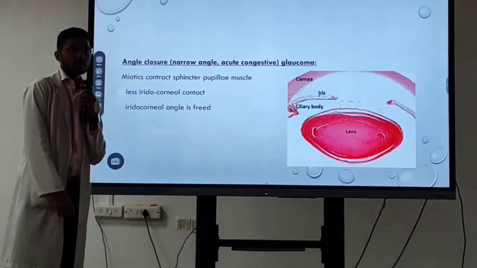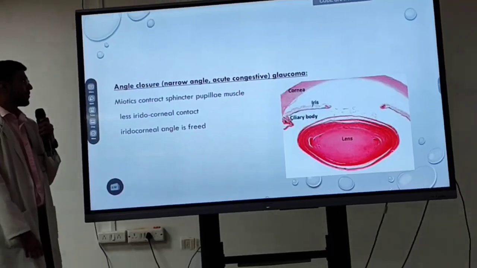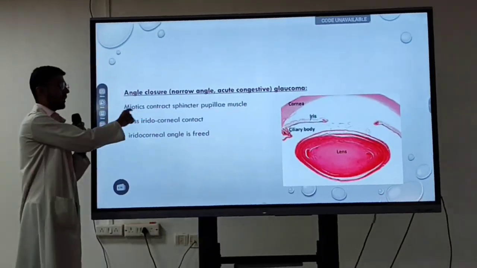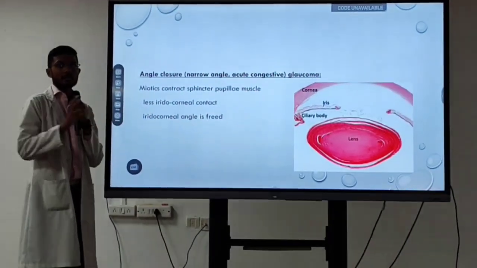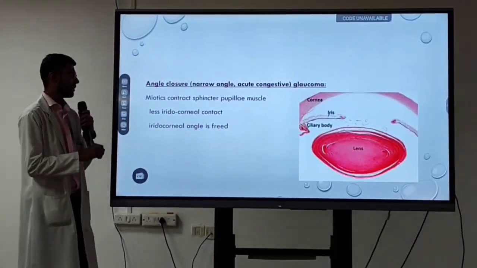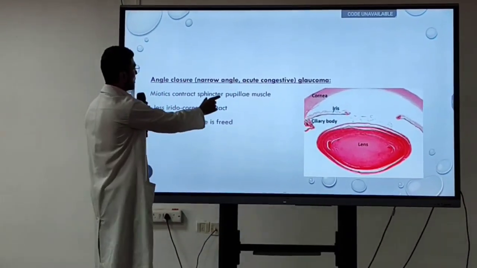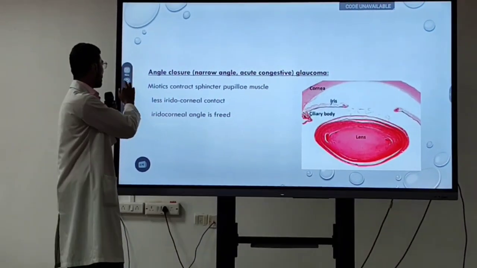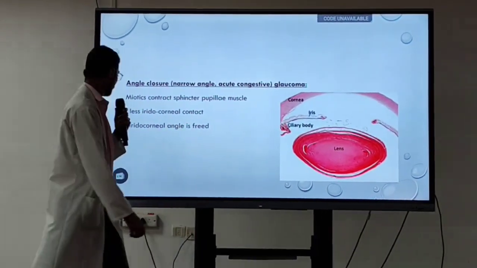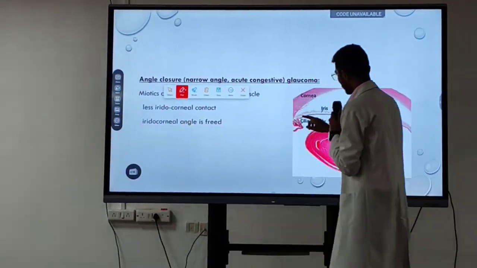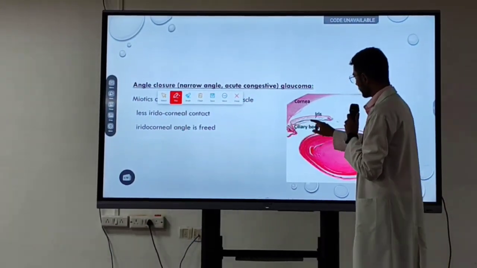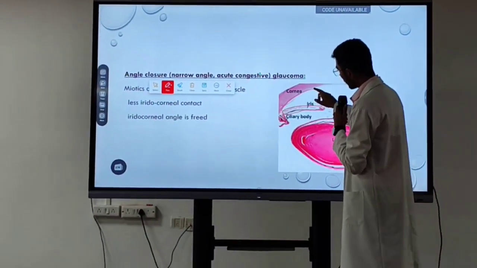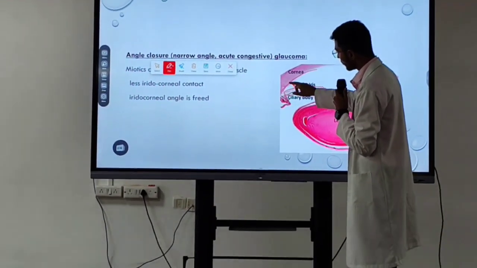In the second kind of glaucoma, angle closure glaucoma, we also give myotics. But the mechanism of action is slightly different. These myotics contract the sphincter pupillae muscle, due to which the angle between the iris and cornea is freed. You see, this is the iris. We have the cornea. Here the angle is being formed.